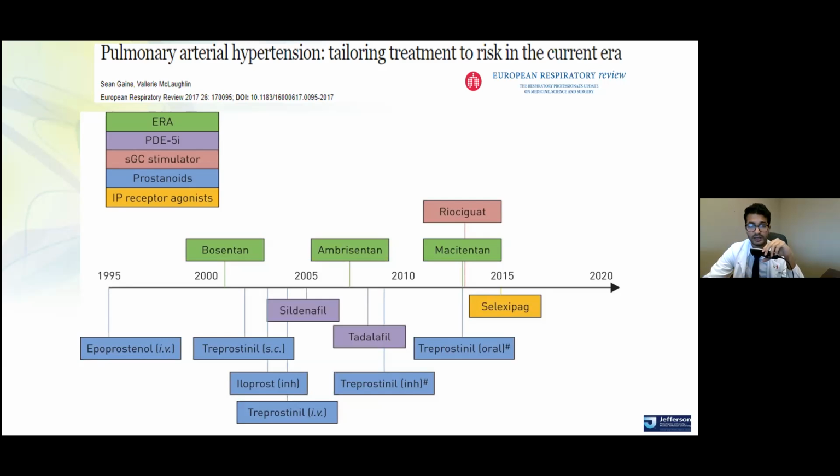So we have a lot of different drugs to choose from when we're treating these patients. And as you may know, standard of care right now for anybody diagnosed with PAH is dual therapy, combination therapy using a PDE5 inhibitor and an ERA.